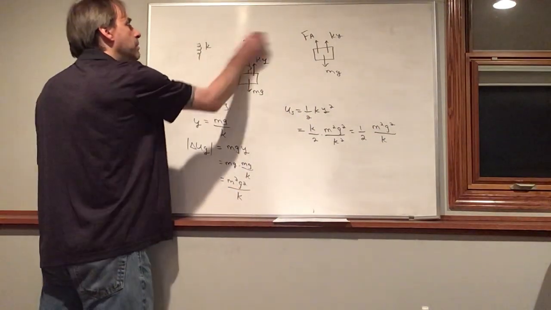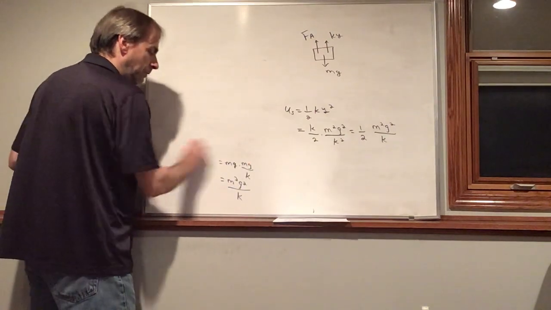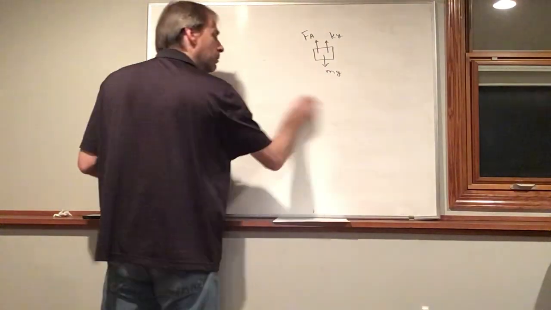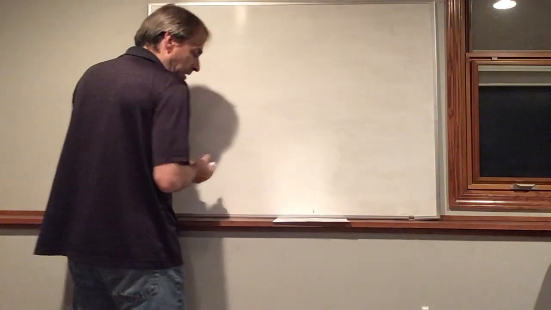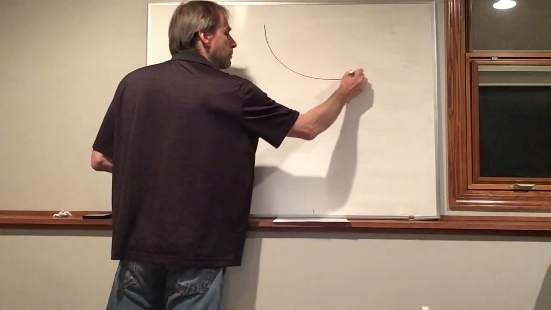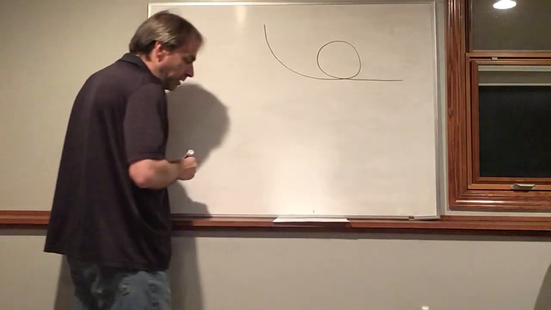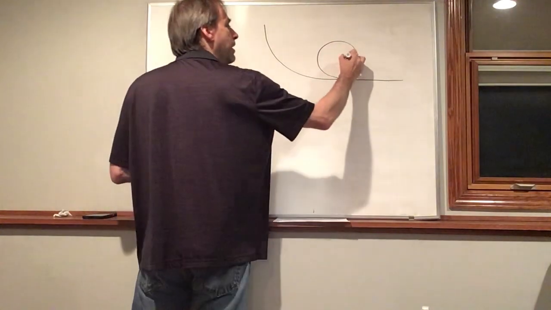Problem 8. Let me erase this one. Okay, so we've got this track that looks like this. And we're given a radius r.